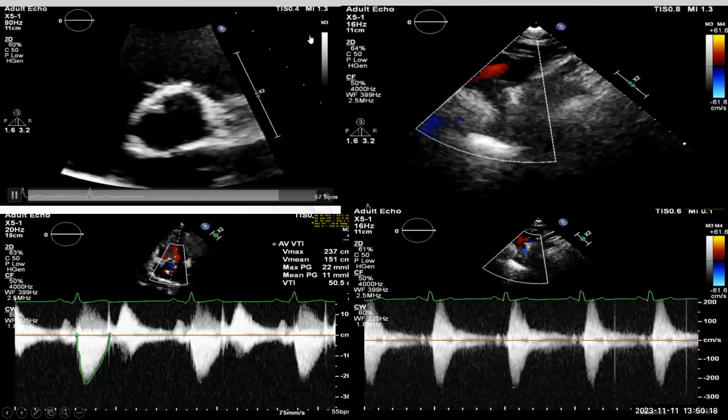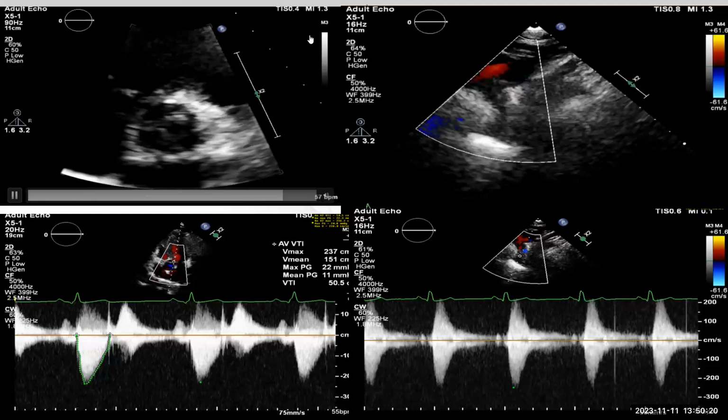Let's see the chat. Severe density, no flow reversal. However, you can see here the descending aorta.